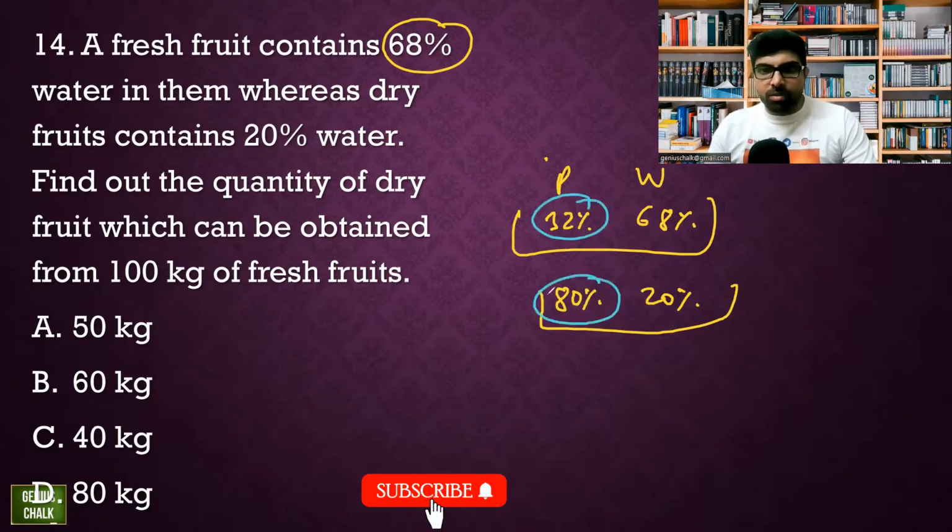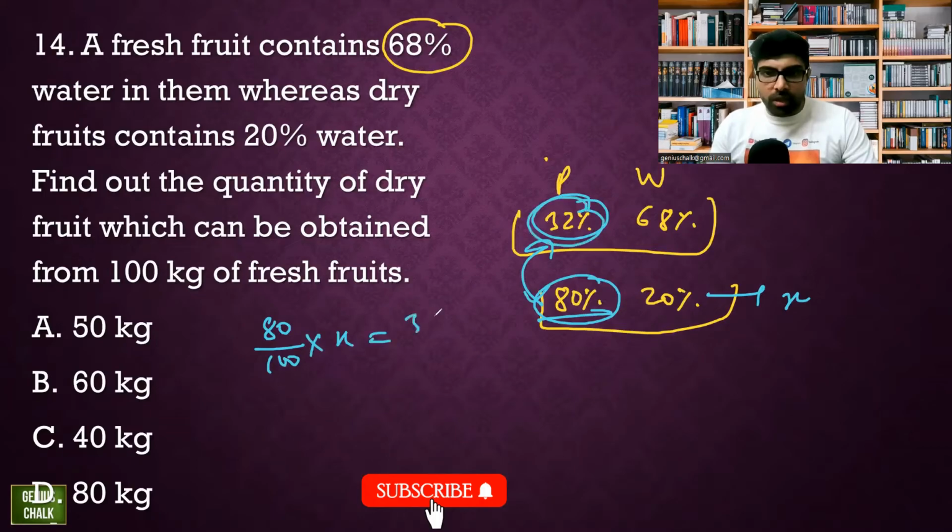This value quantity-wise must be equal to this value, so this total we need to find. Total I don't know, so I can say 80% of x kg must be equal to 32% of 100 kg.